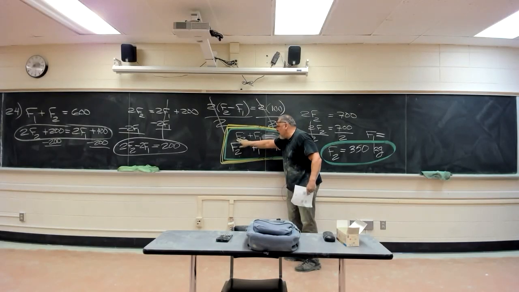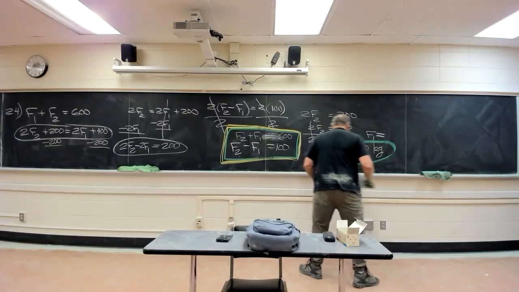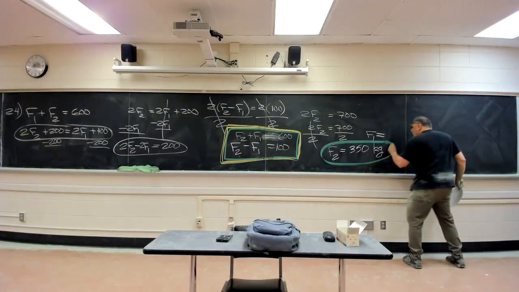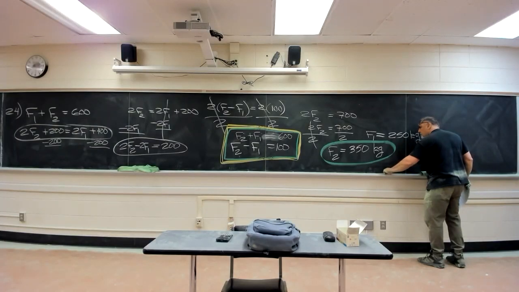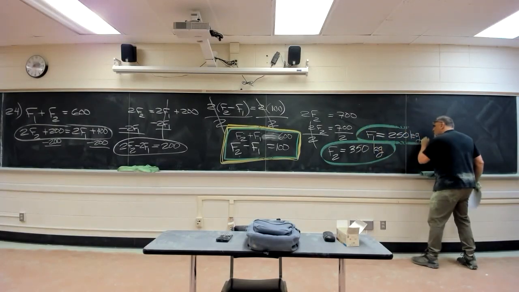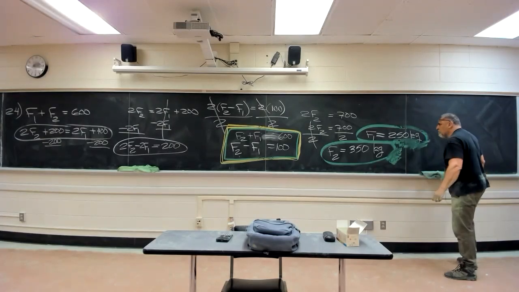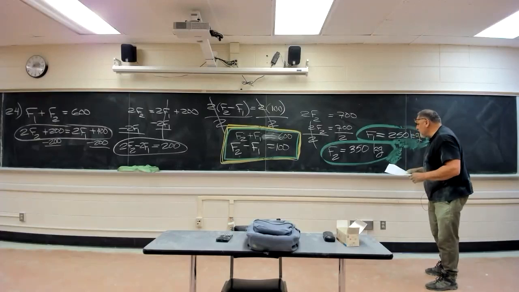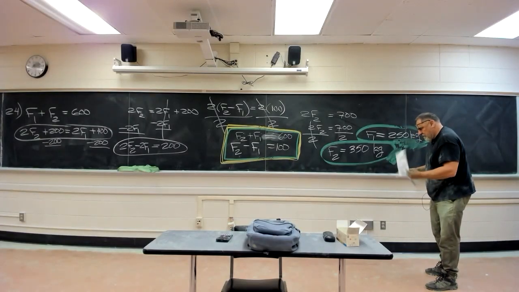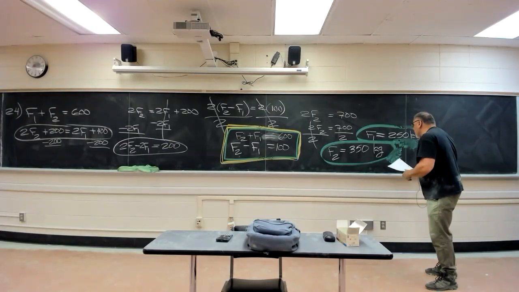F2 is 350. 350 plus something will give you 600. 350 plus 250, do the algebra and we're there. F1 is 250 kilograms, F2 is 350 kilograms. Right. F1 250 kilograms, F2 350 kilograms.